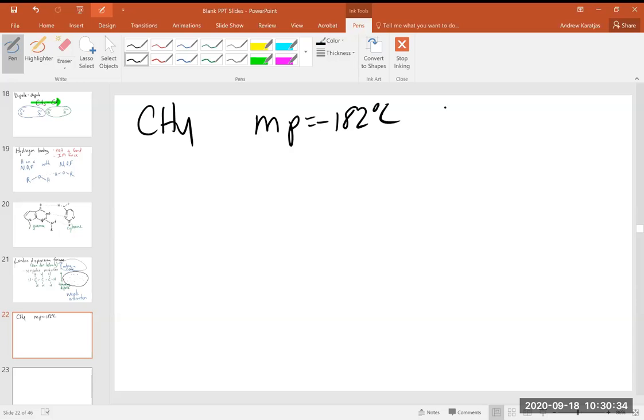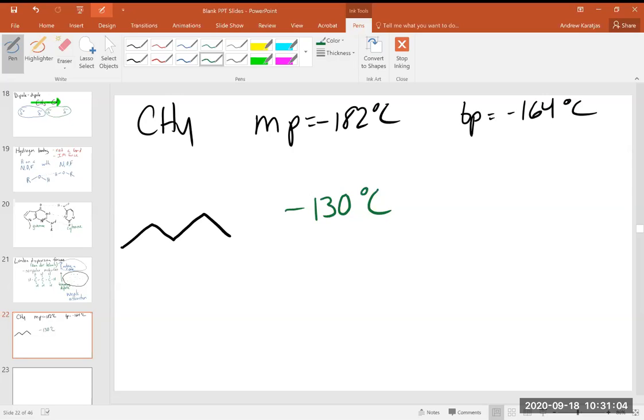And so if you want, can you make methane a solid? Sure. You're just going to have to get it below negative 182 degrees Celsius. And it even boils at negative 164 Celsius. But when we go to a larger molecule, such as pentane, now the melting point goes up to negative 130 Celsius, and the boiling point actually gets to a point that it's a liquid at room temperature.